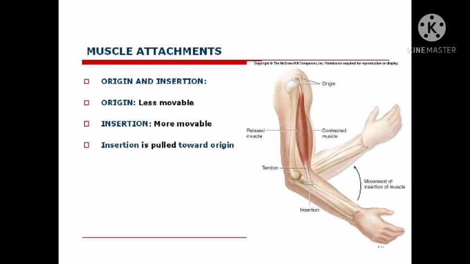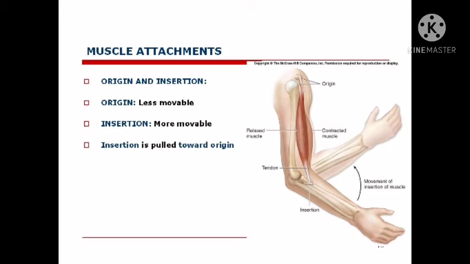Whenever we extend the elbow, the triceps is utilized because the triceps is the extensor muscle, and the biceps releases the flexion and allows the triceps to extend the elbow. This is a simple example. The muscle is always pulled toward the insertion site.